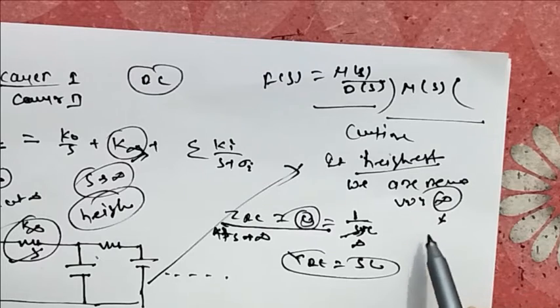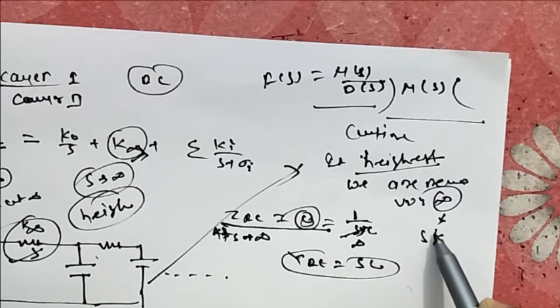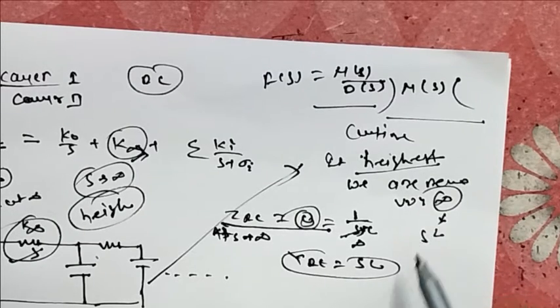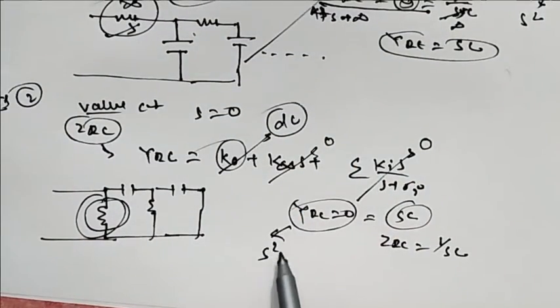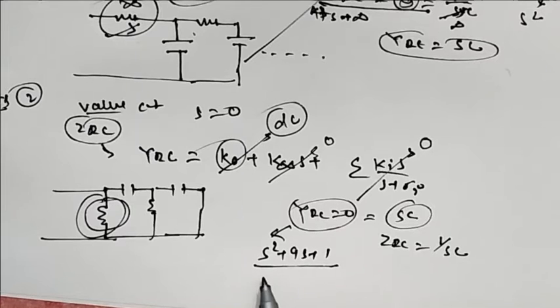That is why we start with the highest power of S. And for Cauer 2 we remove the DC component. Suppose the function is s square plus 9s plus 12 over s square plus 8s plus 2.